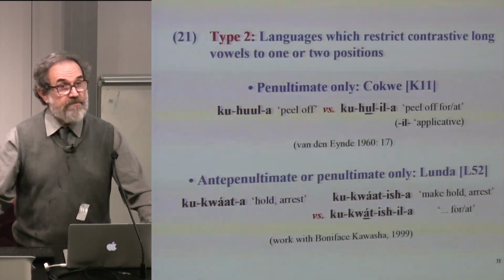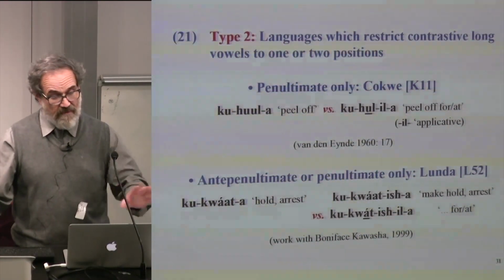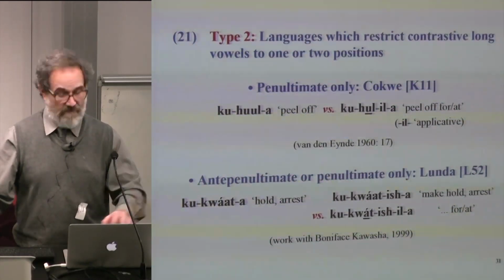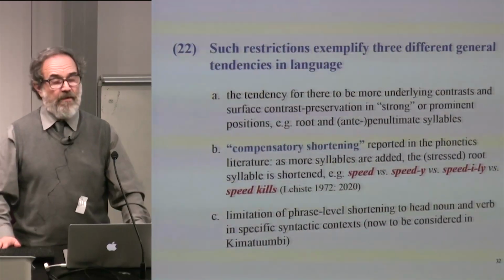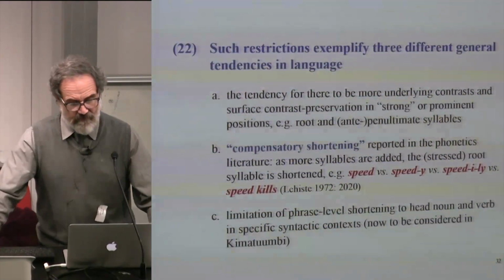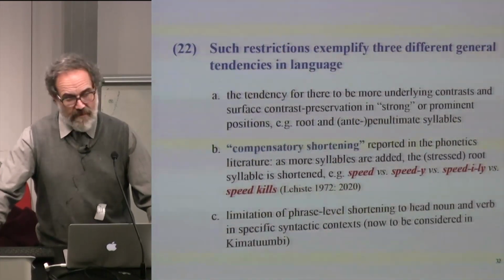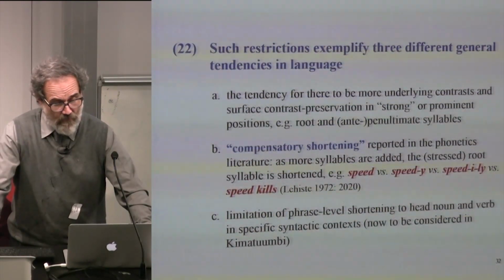So some of the languages say my long vowels have to be in penultimate position. Some say it could be penultimate or anti-penultimate. That's what those two show you. Such restrictions exemplify three different general tendencies in language. The first is the tendency for there to be more underlying contrasts and surface contrast preservation in strong or prominent positions.